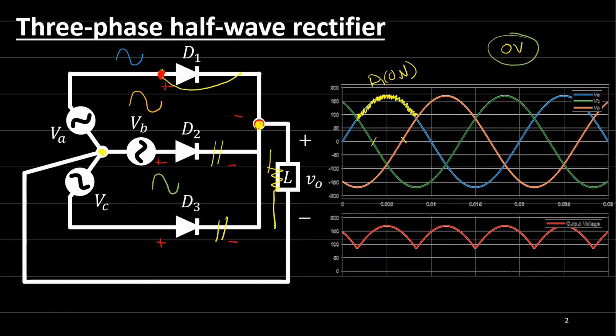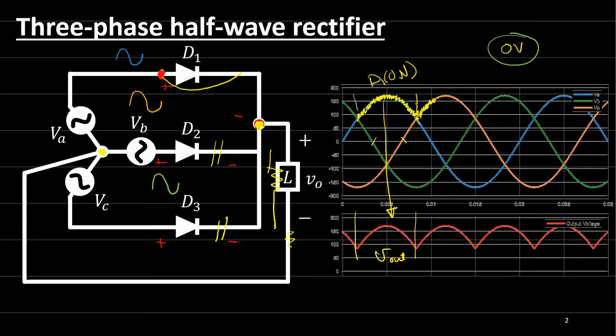The difference between this point and this point, which is VA. So this portion here will be the output, V out, which is coming from the VA phase.